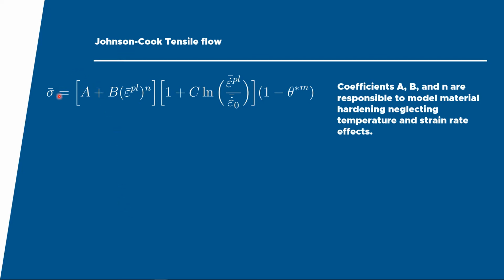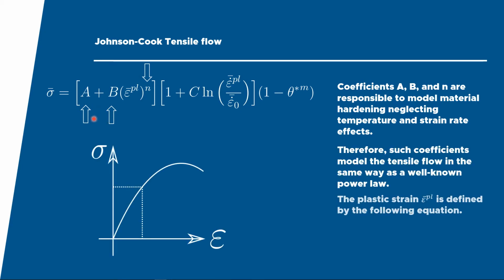If we just account for the plastic strain, we have three coefficients: the A, the B, and the N. The A, B, and N model the stresses in the plastic region just like a power equation, and everything is controlled by the equivalent plastic strain. So it is just the plastic strain that happens after the yield point, as you can see here by these double arrows.